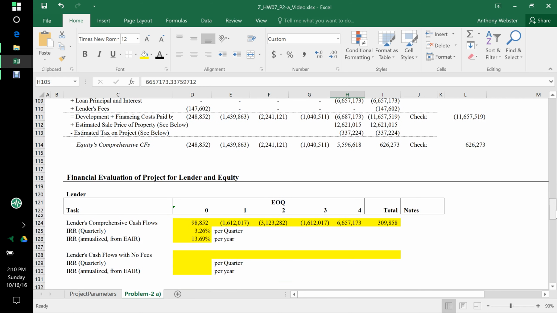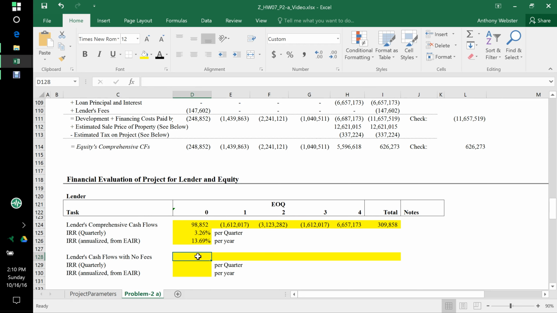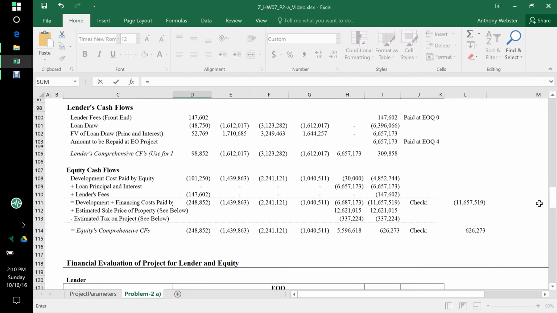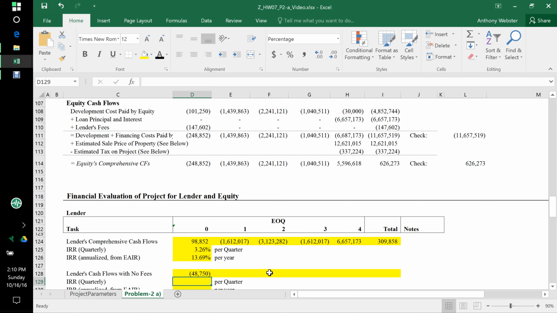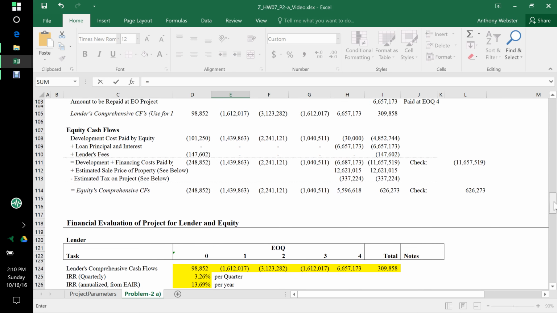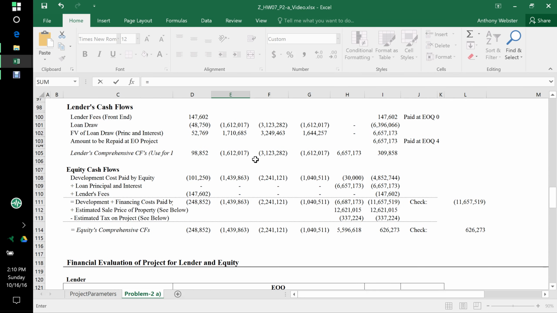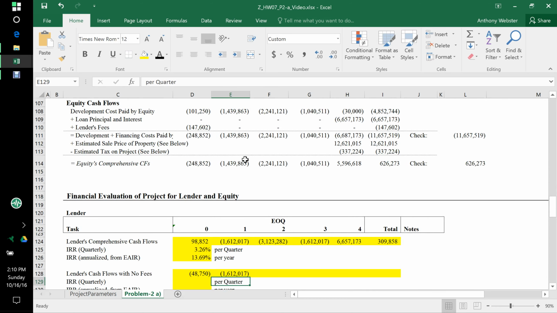Okay, so with all that in mind, let's go down here and be a little careful now. So if we're not considering fees, she actually pays the loan draw there. And then for the rest, we can just come down to her total because in all the other periods there are no fees.